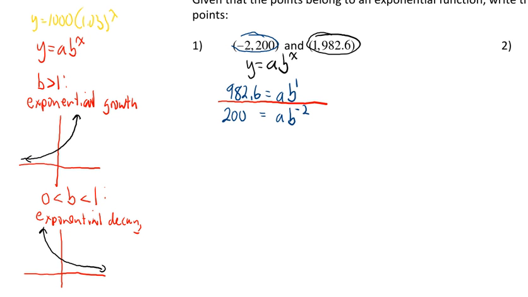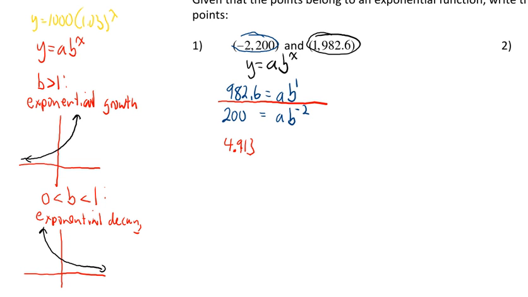Okay, so when I do this, 982.6 divided by 200, I get 4.913. It comes out to a nice decimal, which is why I'm not keeping it as a fraction. If it did not come out to a nice decimal, I'd just leave it as a fraction. I'm going to bring down the equals.